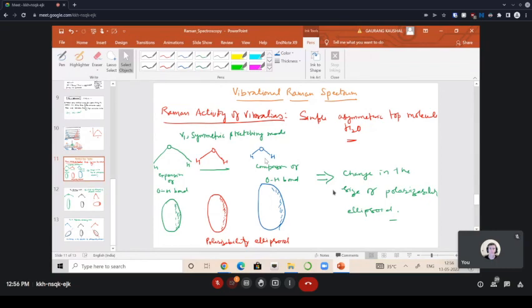During this, the ellipsoid size will change. The polarizability ellipsoid size will change in this mode.